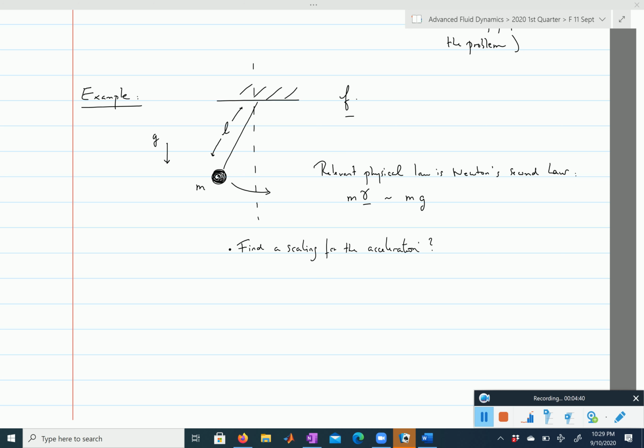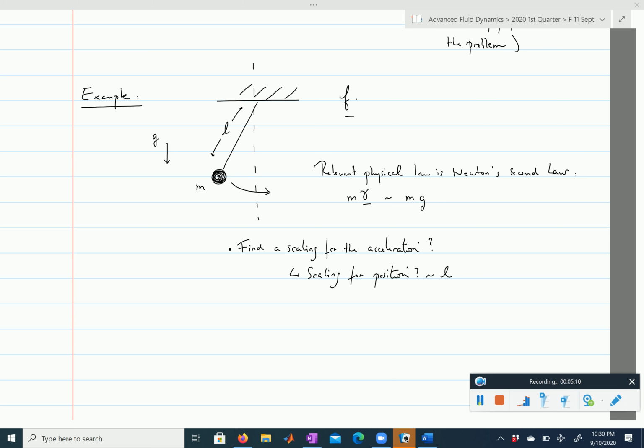So what is the scaling for position? The pendulum is going to oscillate here, between here and there. And so if we have to think about what will be the length scale of this motion, the length scale of this motion is going to be on the order of L, this lever arm here, the length of the pendulum.